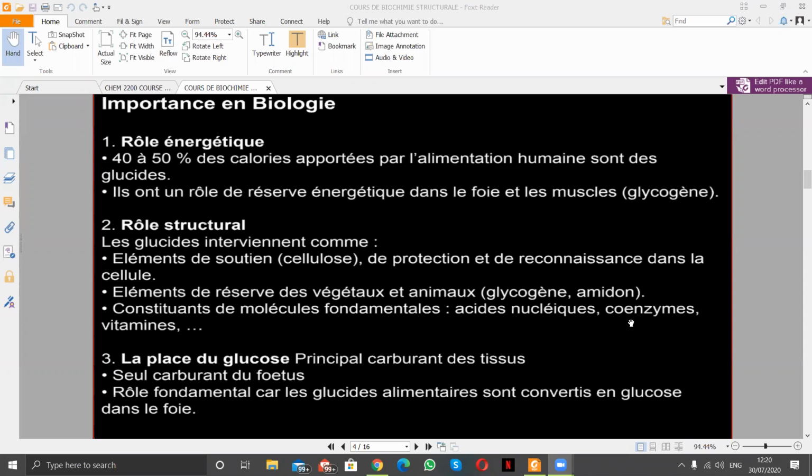That's what carbohydrates do in terms of rôle énergétique. And rôle énergétique and rôle métabolique, they simply play a similar role.